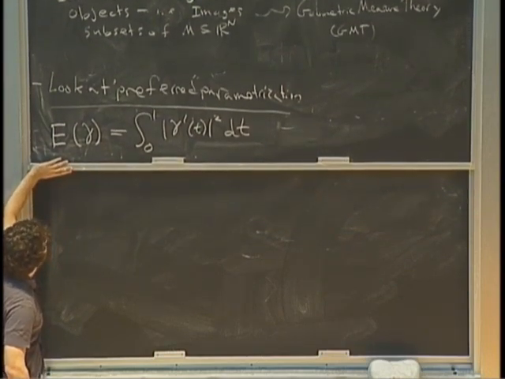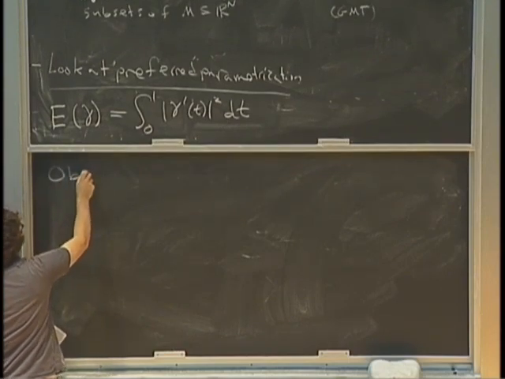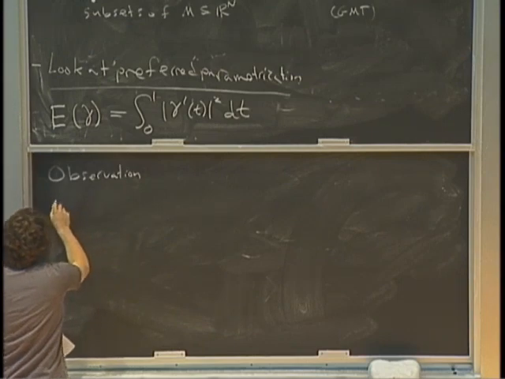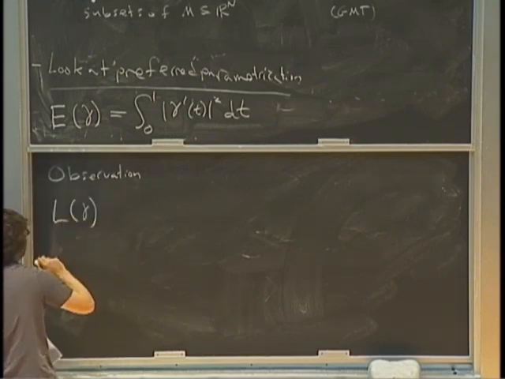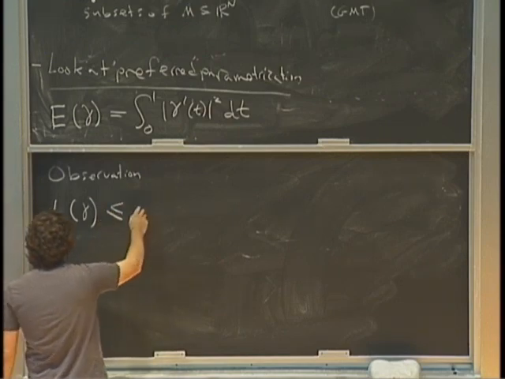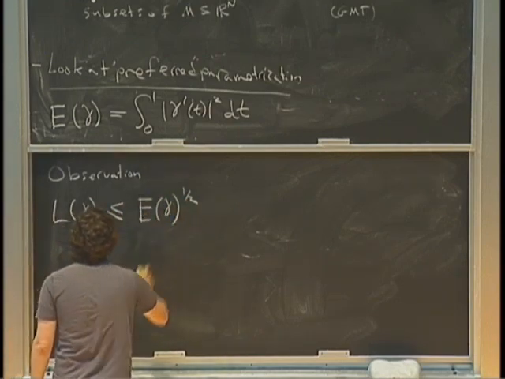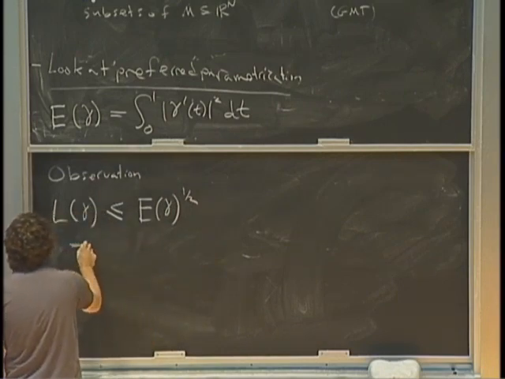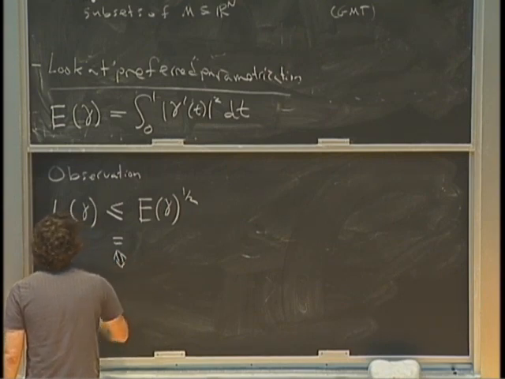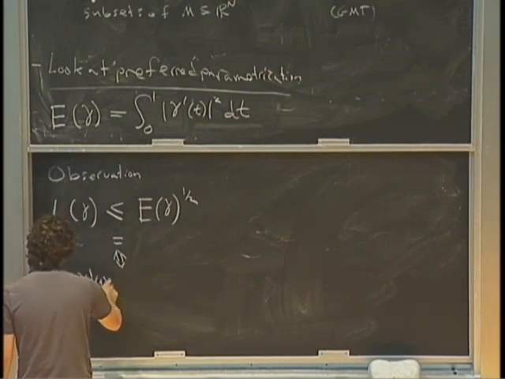Okay, and so then the observation is, and I'm sure you've seen this if you've taken any geometry class, that the length of gamma is always less than or equal to the energy of gamma to the 1/2, and there is equality if and only if gamma prime of t is constant.